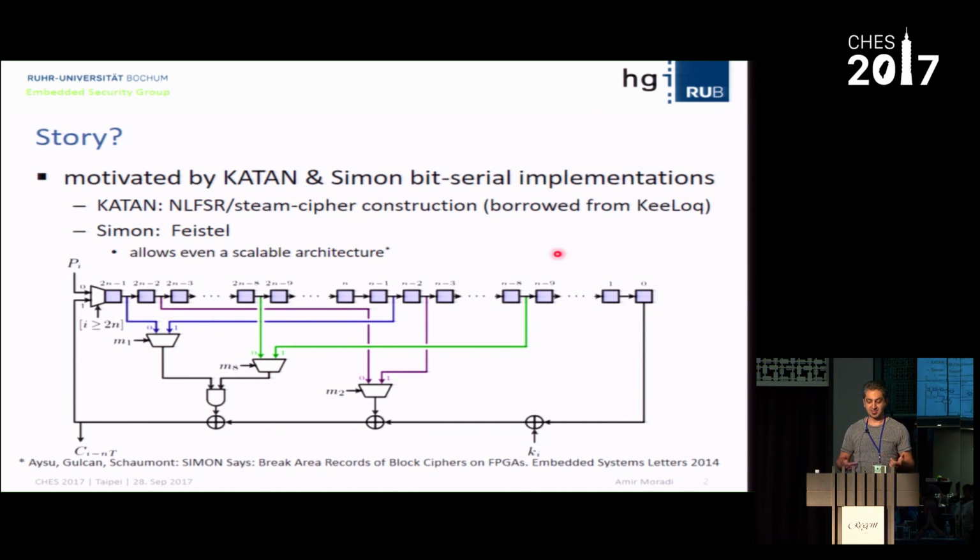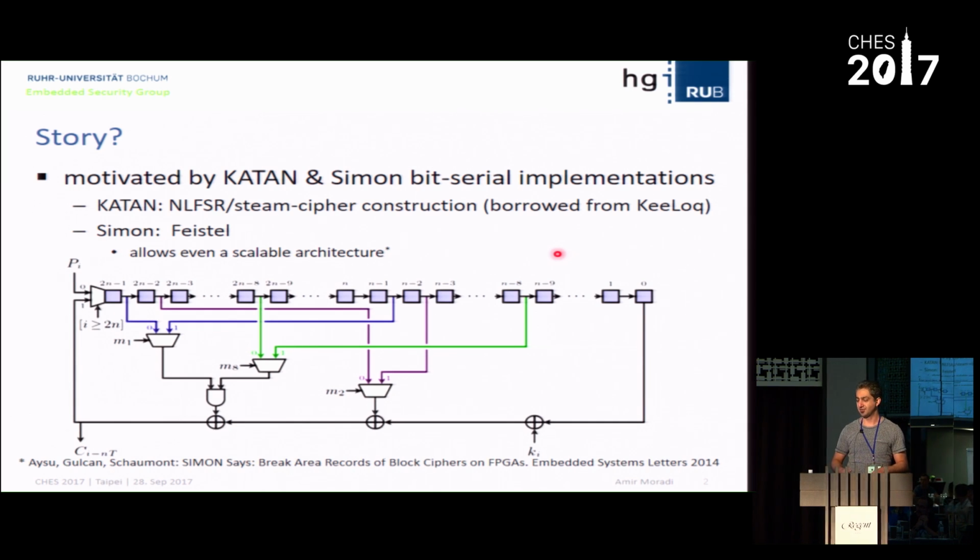It also allows a scalable architecture: not only one-bit shifting, but 2-bit shifting and 4-bit shifting are possible, and so on. It gives a lot of freedom in implementation, a good trade-off between latency and area. You could decrease the area very much, but of course at the cost of latency.